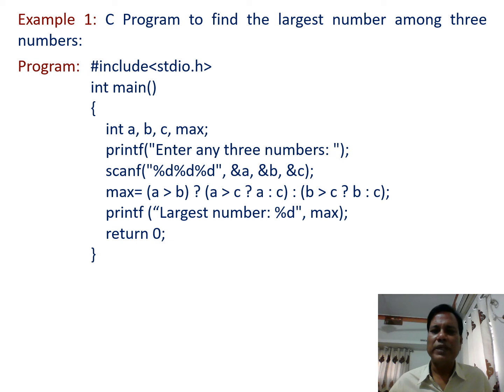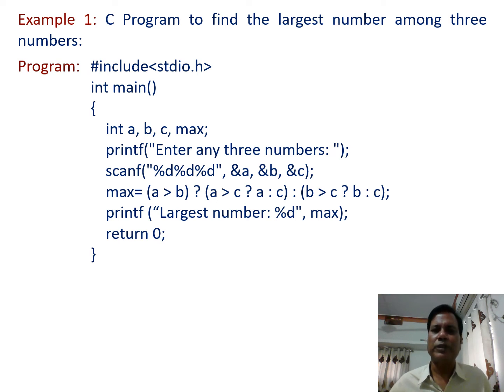If this condition is true, then expression 2 is evaluated, and in expression 3, a greater than c, what, a colon c. In the false part, b greater than c, is another conditional operator, and in the false part one more conditional operator is present.